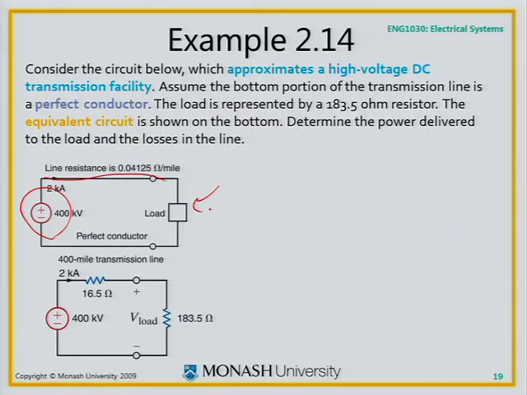The line is not a perfect conductor. It in fact has a certain amount of resistance per kilometre. In this particular case, we'll assume the total line resistance is 16.5 ohms, the load's 183.5 ohms.